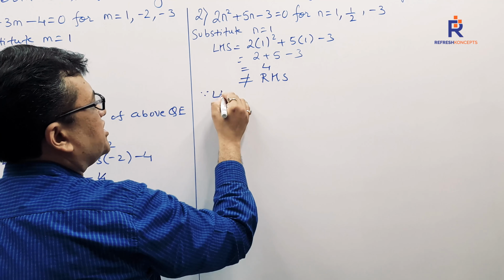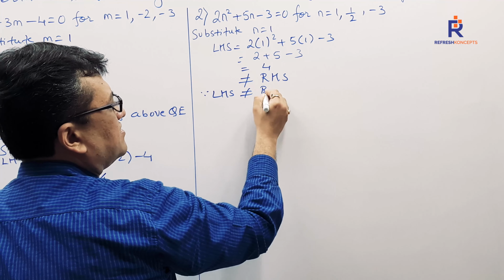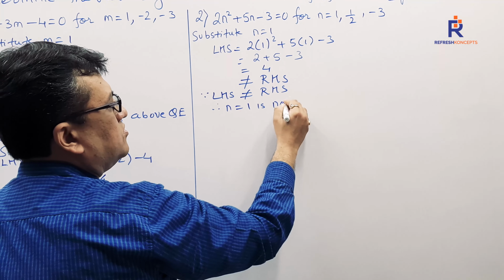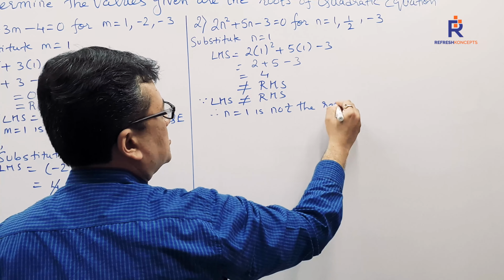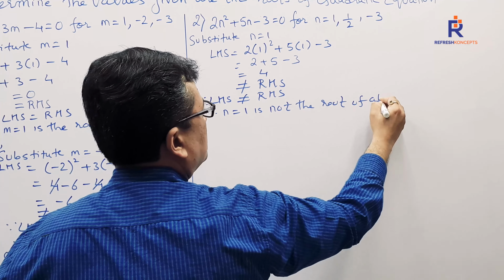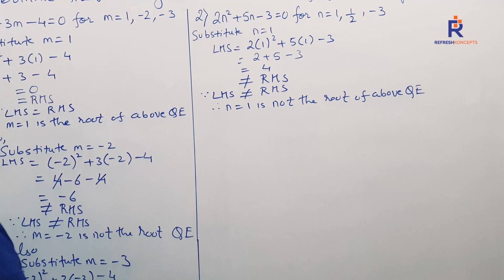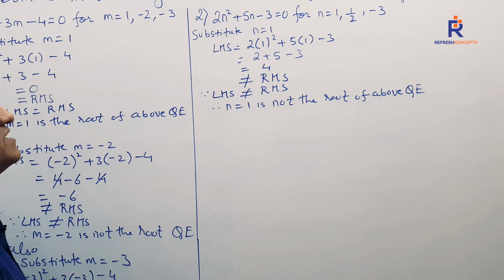Since LHS is not equal to RHS, therefore n equals to 1 is not the root of the above quadratic equation.